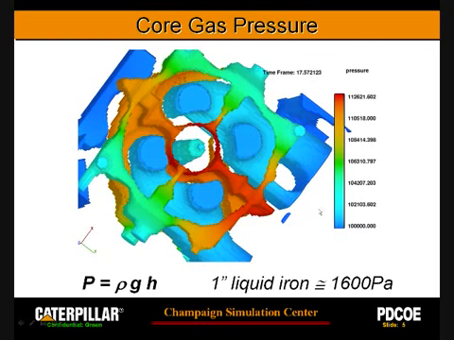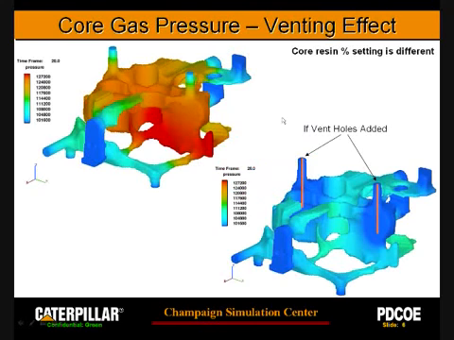For the default data I've used about 1% of binder content. In a real-life situation, maybe the core resin percentage is slightly different. You can see the core gas pressure inside the core is like this. When the mold is full, you need maybe around 20 inches of metal head to really suppress any core gas.